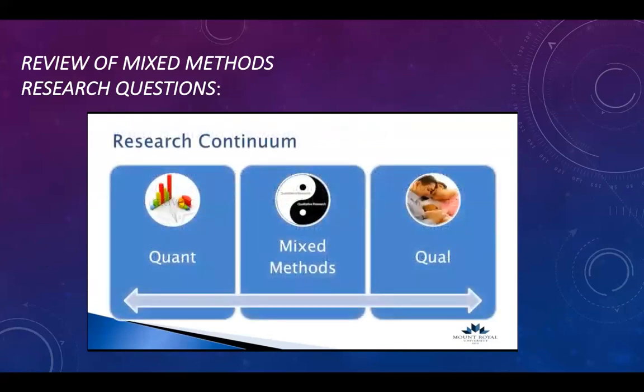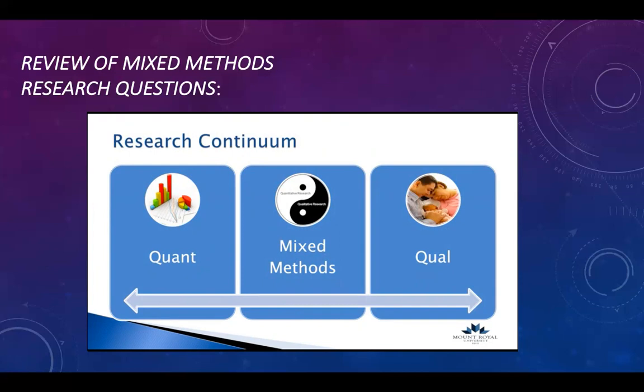So if we revisit the research continuum, we've looked at this before. We have qualitative on your far right as you're looking at this PowerPoint slide, the naturalistic paradigm. And then on the far left, we have the quantitative or the positivistic paradigm.